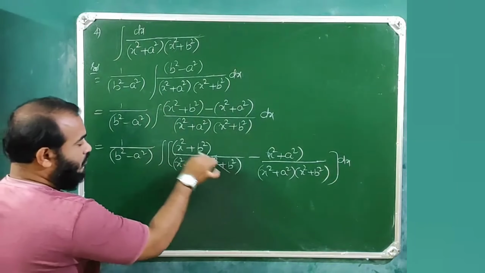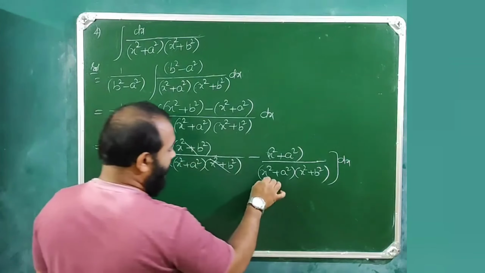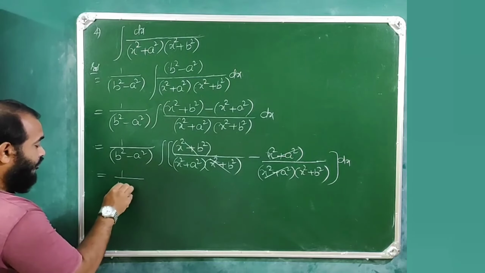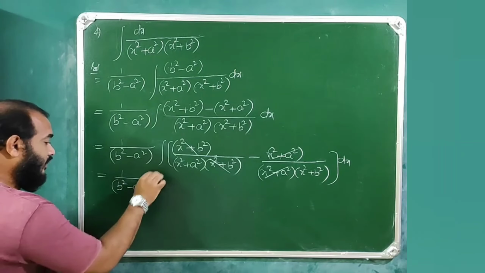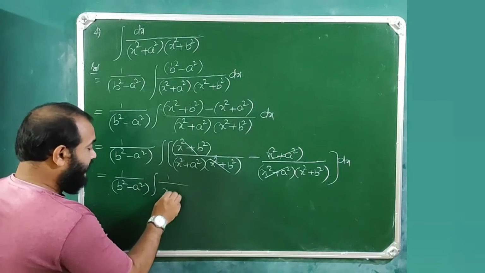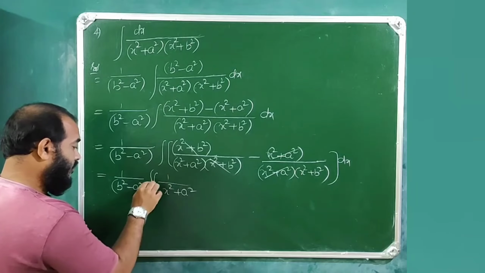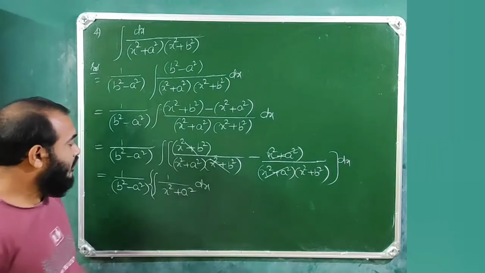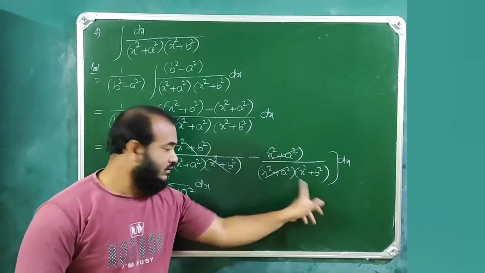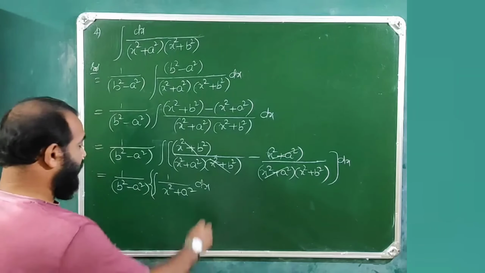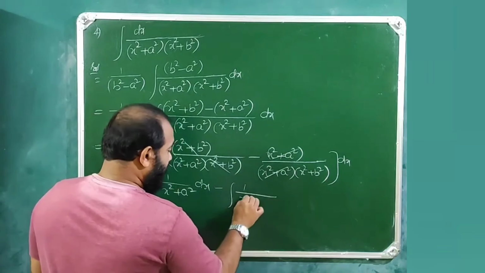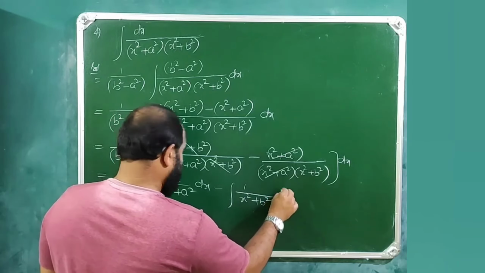So x square plus b square gets cancelled here, and x square plus a square gets cancelled here. So 1 by b square minus a square integral of 1 by x square plus a square dx, this integral dx I am distributing for both these integrands, minus integral of 1 by x square plus b square dx.